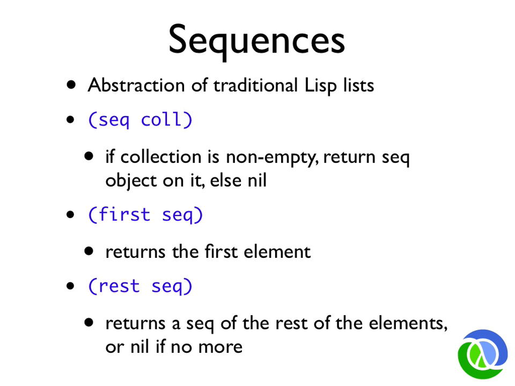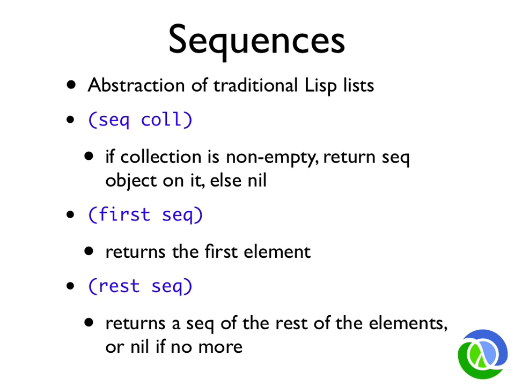Given that sequence-like thing, I want and need only two functions. One is to say, give me the first thing. The other is to say, give me the sequence that is the rest of this sequence. In the case of seq, if there is no stuff, it returns nil, because nil means nothing.